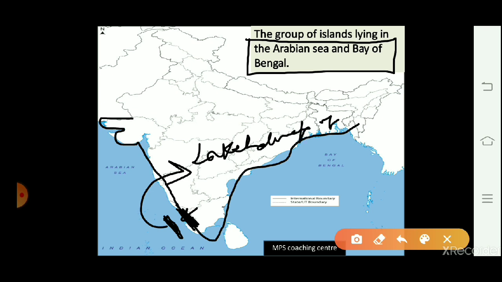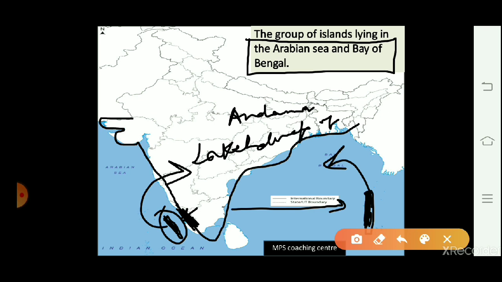For representing the group of islands in the Bay of Bengal, we have to make one line far from the Indian coastline, and this will be long as compared to our previous line. So this long line is representing the Andaman and Nicobar group of islands.